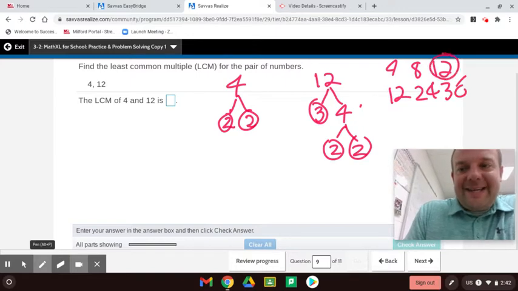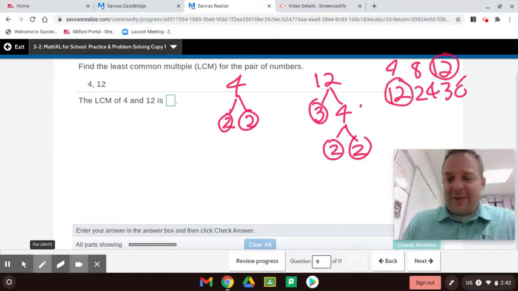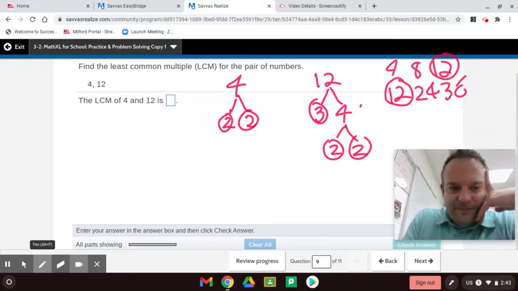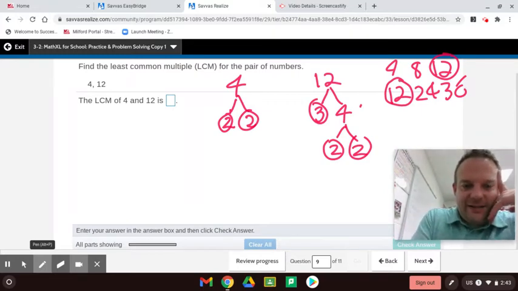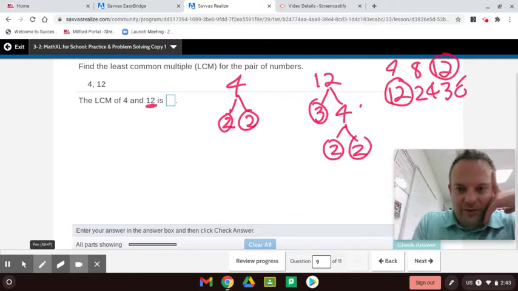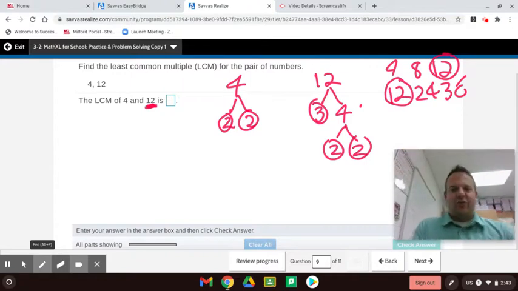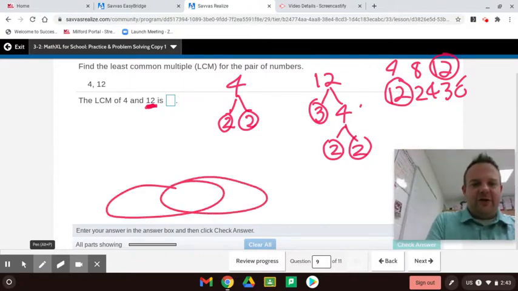Now you're going to get some conceptual questions for the least common multiple. The least common multiple is either the largest number or more. In this case, the answer is 12, but let me show you.